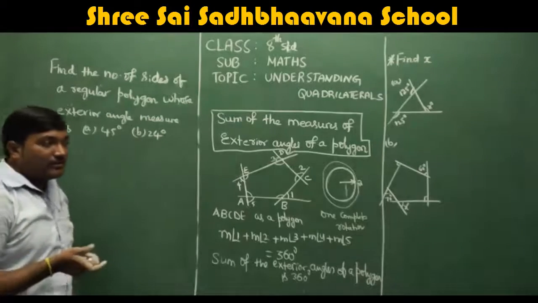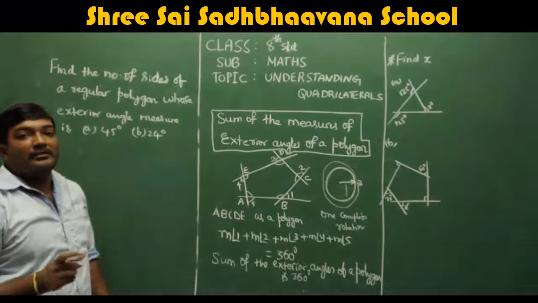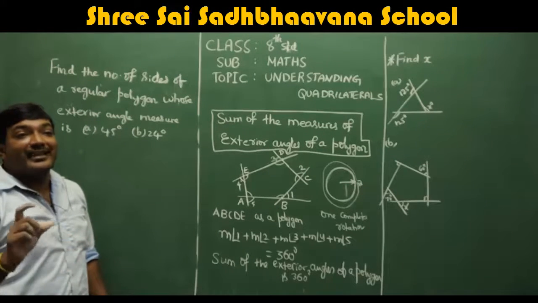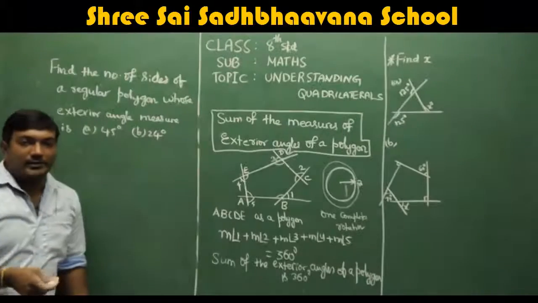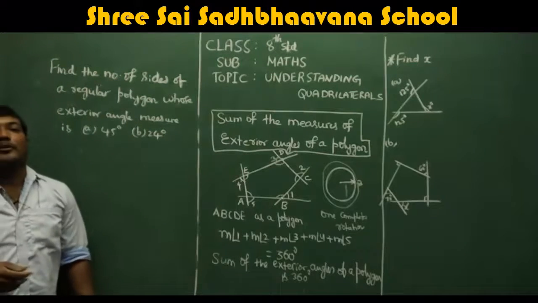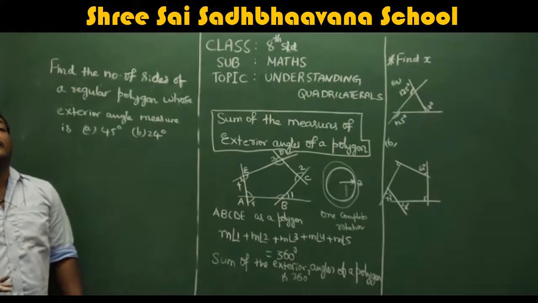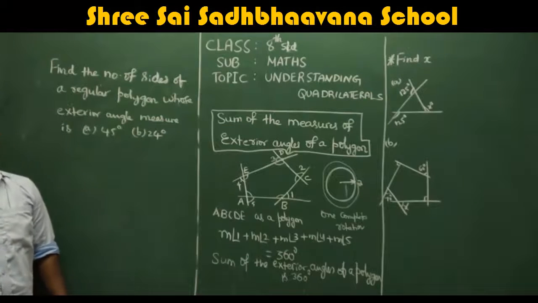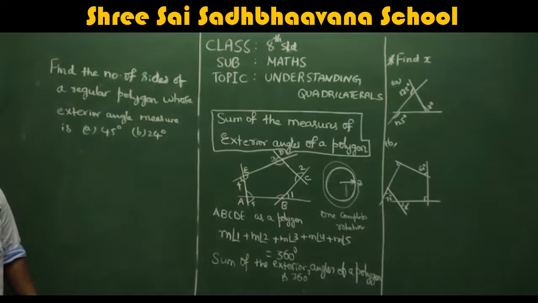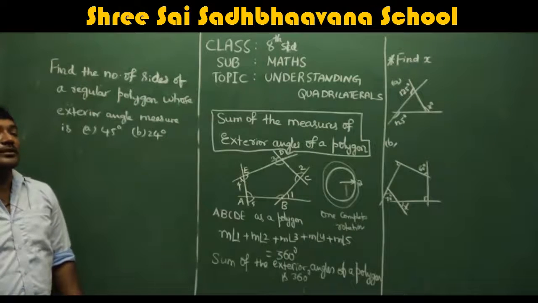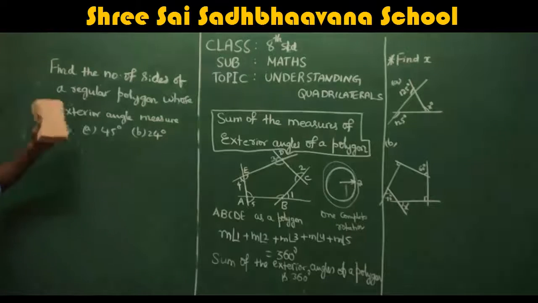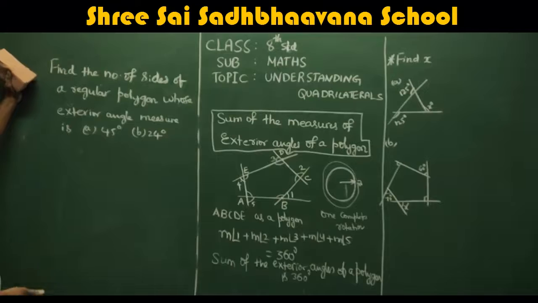As we discussed in the last classes also, regular polygon means the lengths of all the sides are equal, correct? Just like a square, all the sides are equal, or an equilateral triangle, where all the sides are equal. And this is a regular polygon they are telling.